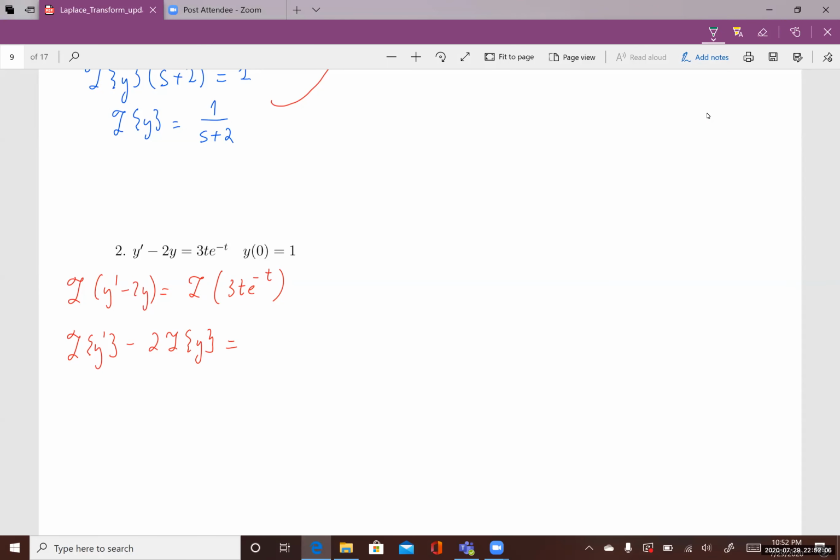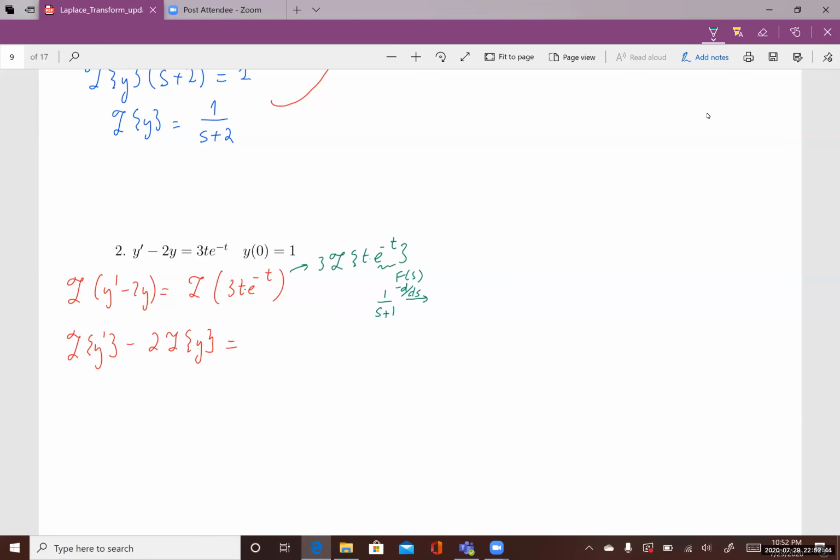Well, let's see. This is the product of t and e to the negative t. Then we can use one of the theorems to find the Laplace transform of the other side. So I break this into 3 t e to the negative t. We can find the Laplace transform of e to the negative t, which is f of s, which is 1 over s plus 1. And because it's multiplied by t, you find the negative derivative d over ds.